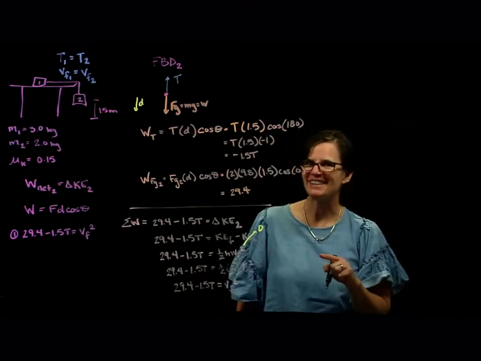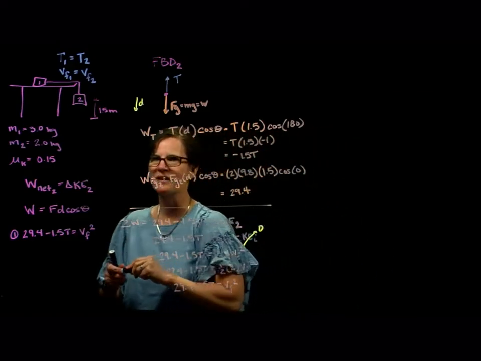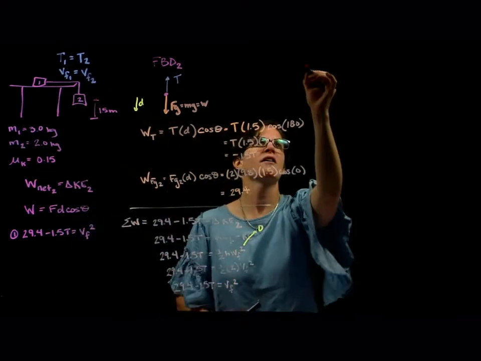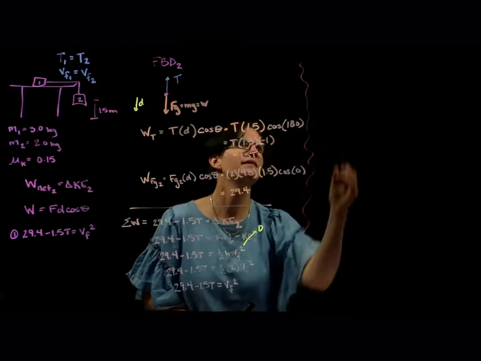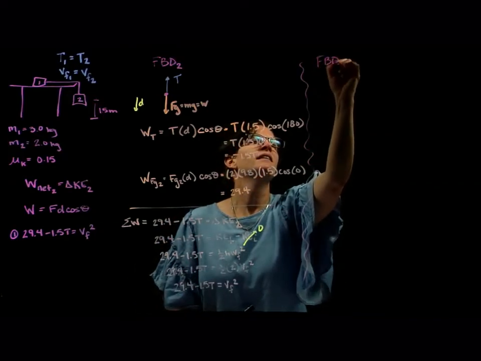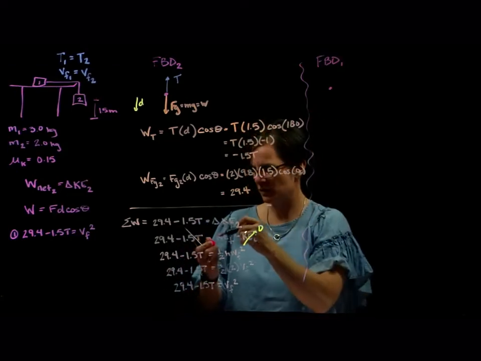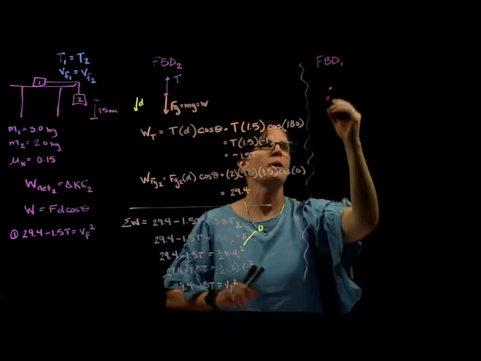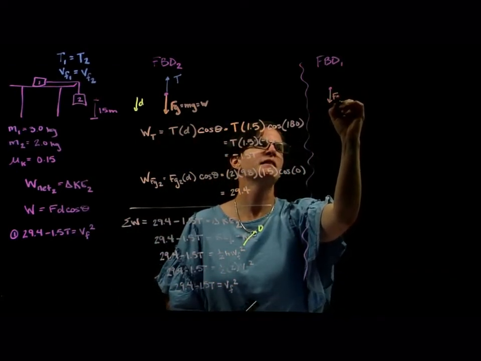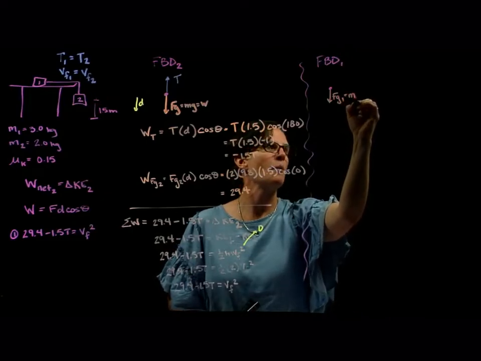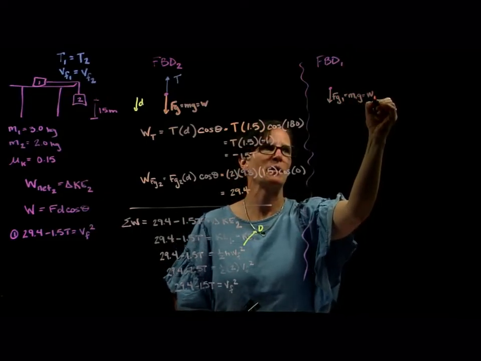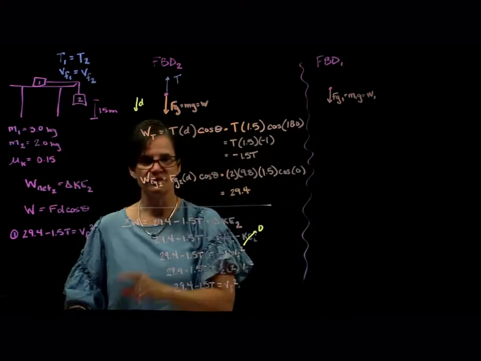So let's use work energy again, and let's look at block 1. So let's draw a free body diagram of block 1. All right, what are the forces acting on block 1? Well, we have the force of gravity on block 1. We know that's m1g, or weight of block 1. We have the tension.